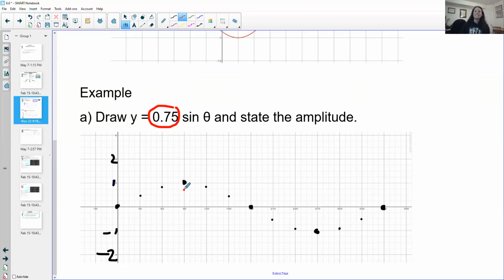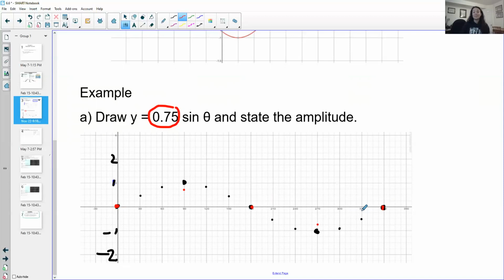So I've taken a vertical distance of 1 and multiplied it by 0.75. I'm going to take the vertical distance of -1 and multiply it by 0.75. You should get -0.75. Now, these next 3 points are really nice. 0 times 0.75 is 0. This point's not going to move. This one is the same thing. And this one's the same thing.